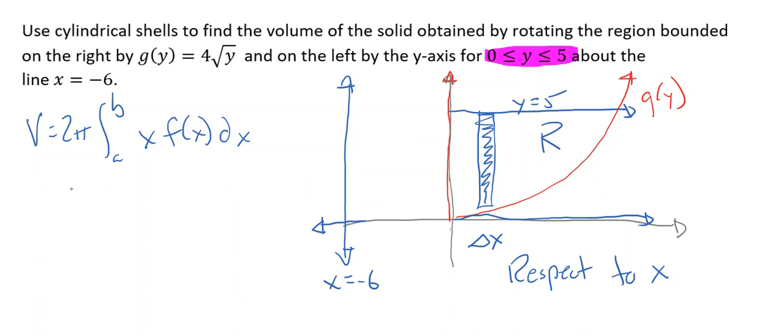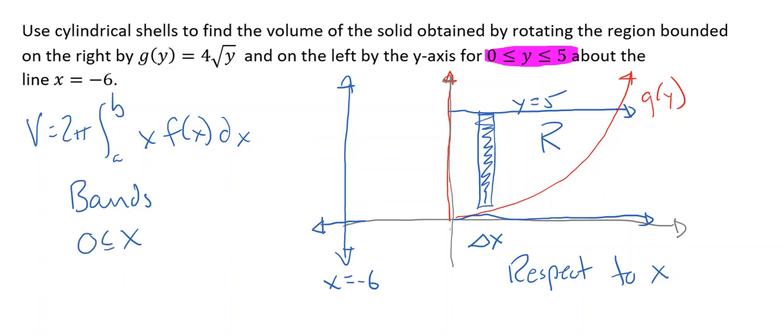Well, let's see. We know what the bounds are. The bounds are going to be along the x-axis. And so x equals 0 is going to be our lower bound. That's going to be right here.